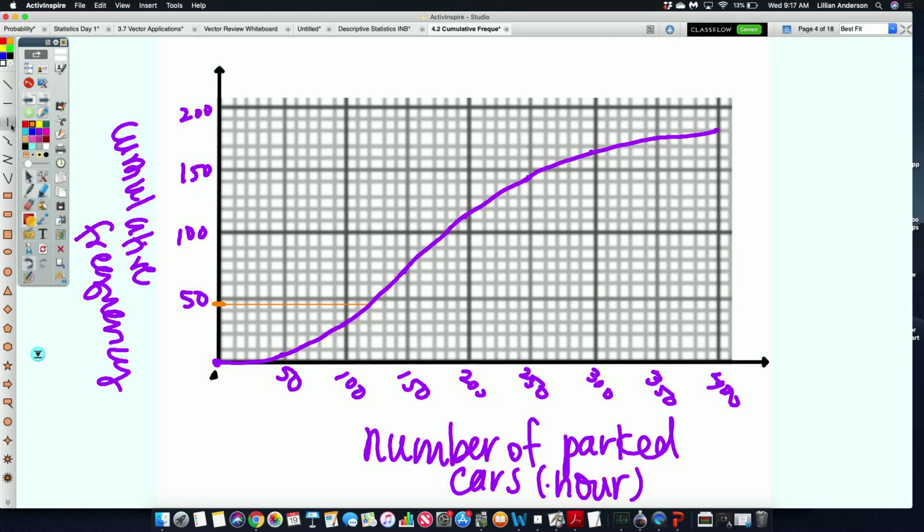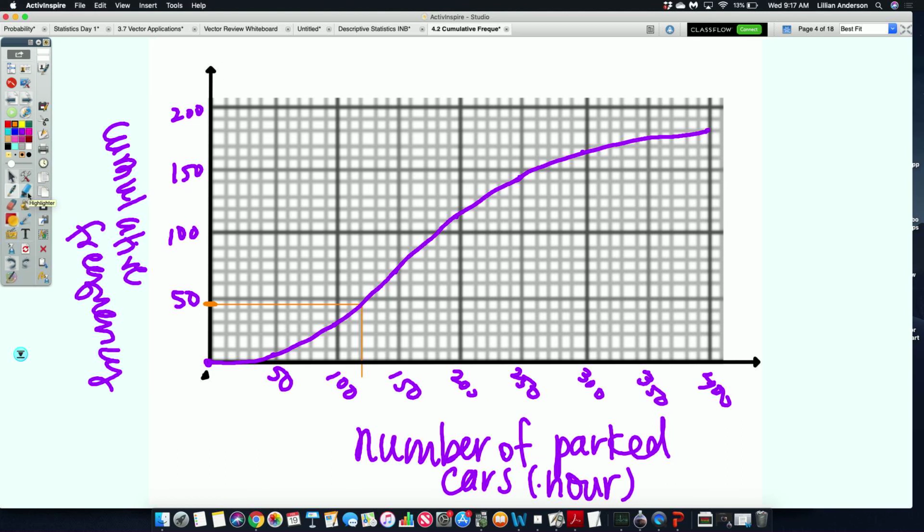Where it hits, you drop down a perpendicular line and see where it hits your x-axis. That point is your Q1. On my curve, that would be 120. Your curve should be somewhere close to 120. So the lower quartile, the Q1 for this data, would be 120.